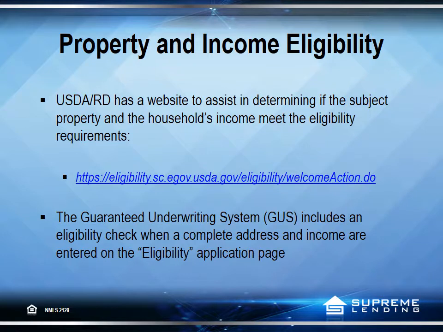USDA Rural Development has a website to assist in determining if the subject property and the household's income meet the eligibility requirements. The guaranteed underwriting system includes an eligibility check when a complete address and income are entered on the eligibility application page.